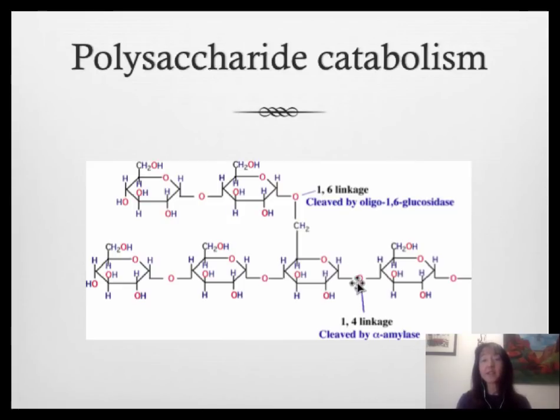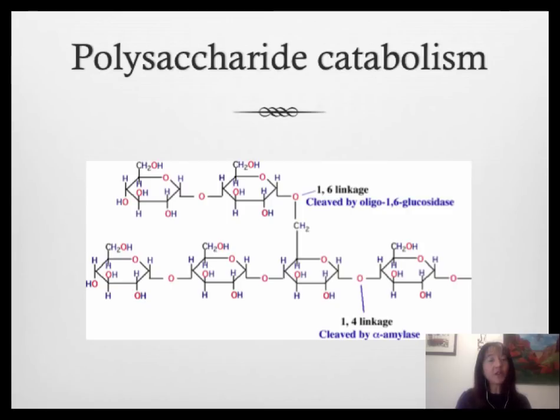Alpha amylase cleaves a 1,4-glycosidic linkage. Oligo-1,6-glucosidase, you won't be surprised to know that it cleaves the 1,6-glycosidic or glucosidic linkage. You'll note that this looks like a complex polysaccharide with branches, and so this may be a starch that we commonly take in our diet called amylopectin.